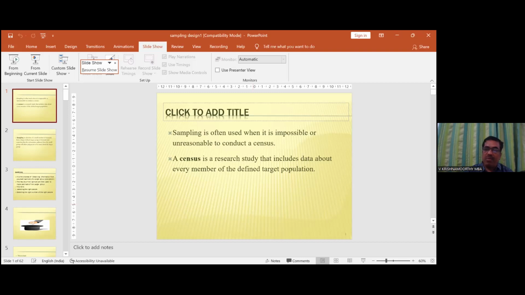Finally we have come to the conclusion that the main objective of writing a review of literature is to help in the research design.